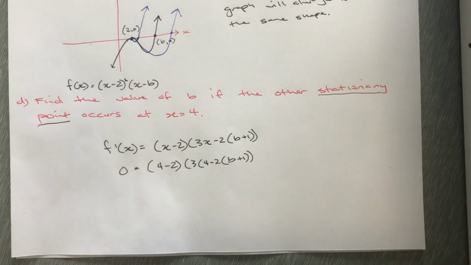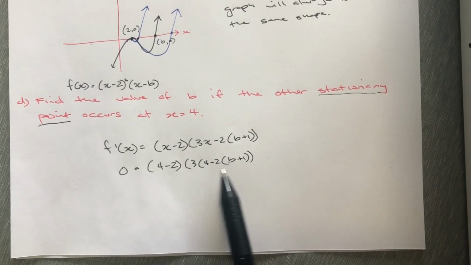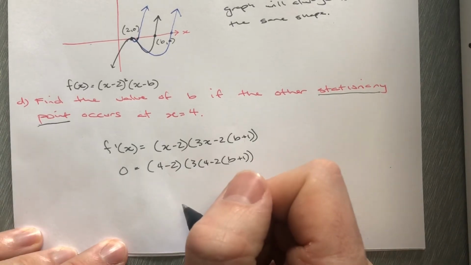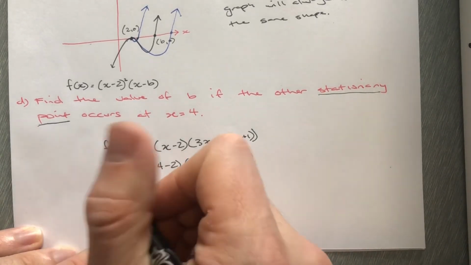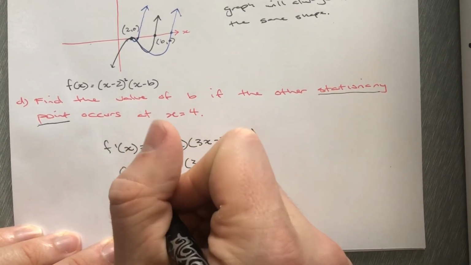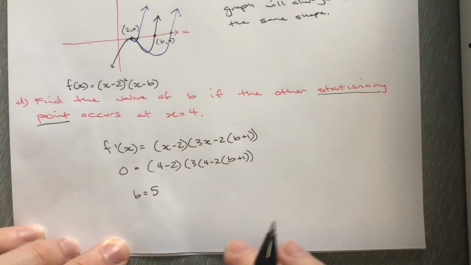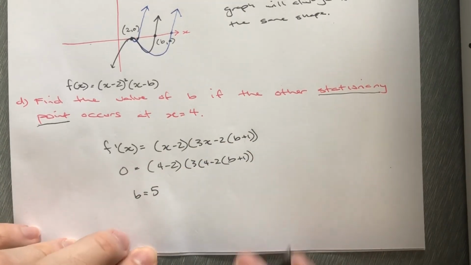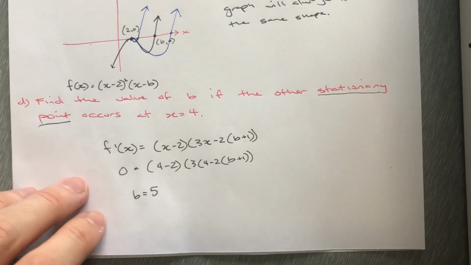Hopefully we can see now that the only unknown in here is b, so we're going to be able to solve for b. If you solve it, I'm just going to do it quickly here so you don't have to keep watching. b should be equal to 5. Right, let's move on to the next one.